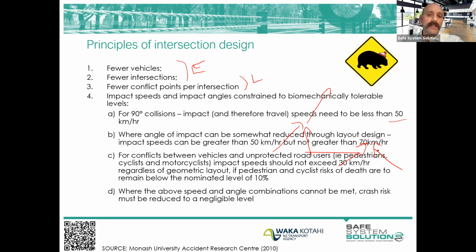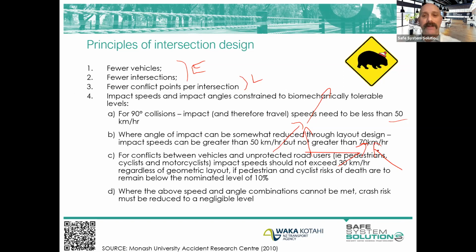For conflicts between unprotected road users, so pedestrians and cyclists, we're looking for below 30 kilometers per hour, or trying to alter things so those crashes can't happen. And where the above speed and angle combinations cannot be met, crash risk must be reduced to a negligible level.